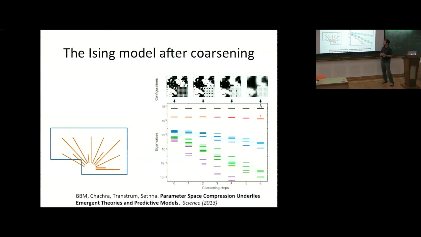Shouldn't the number of eigenvalues increase as you coarse grain? So I'm always looking at the same 12 parameter microscopic model. So the Fisher information is always going to be 12 by 12, just because that's the number of parameters that I keep track of.